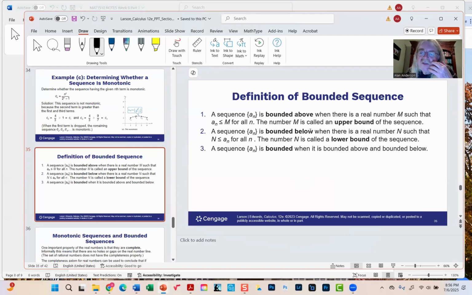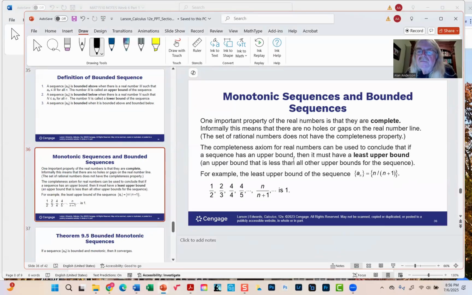We also could potentially have a lower bound if there's some number below which the sequence will never fall. And if we're bounded from both sides, then we say the sequence is bounded. Now, this is where it starts to get very intense.